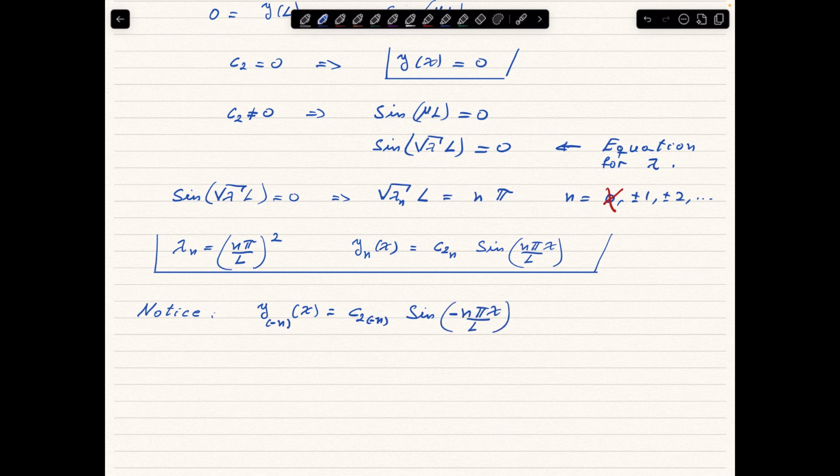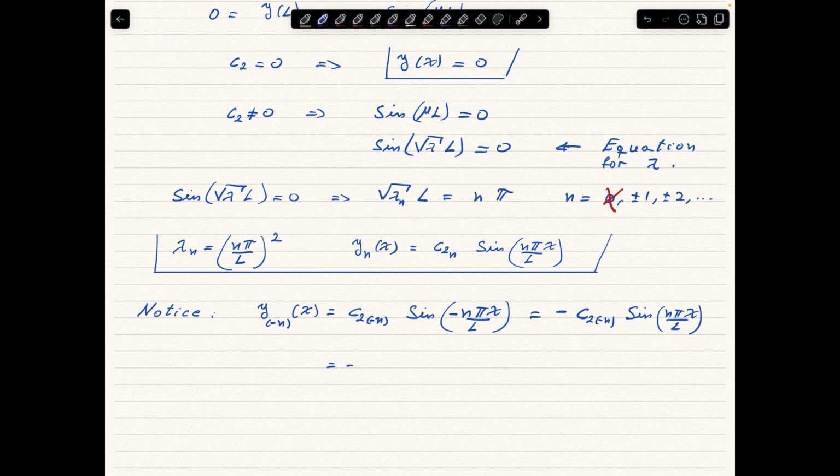But whenever you have a negative inside the sine, this is the same as a negative outside, then we see the same constant we had before, sine of the positive n pi x over L. But this here is the other eigenfunction, isn't it?